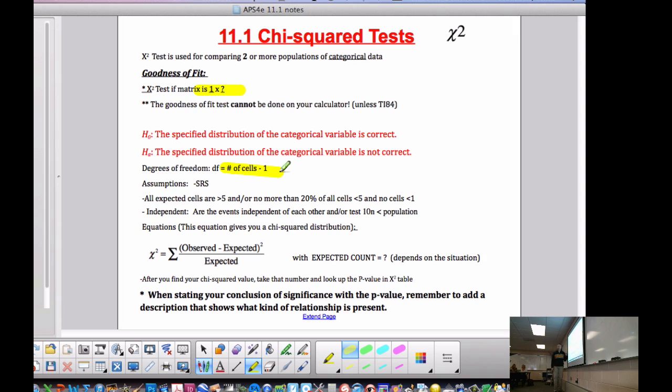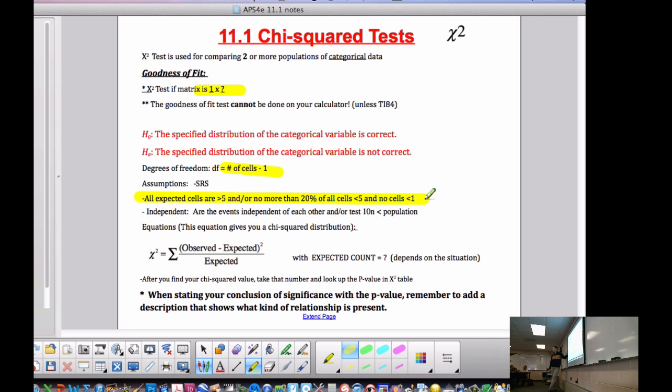Your assumptions: simple random sample. Nothing new there. The second assumption is different. All expected cells greater than 5, or you can't have more than 20% of your cells being less than 5, and you definitely can't have any cells less than 1.